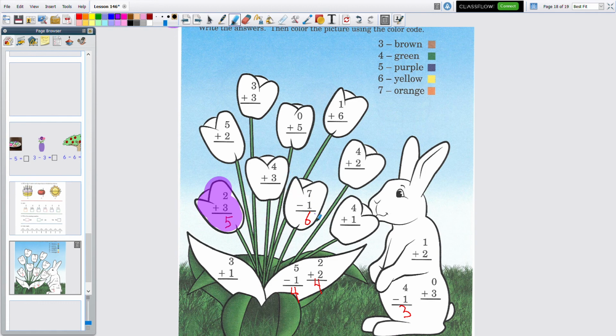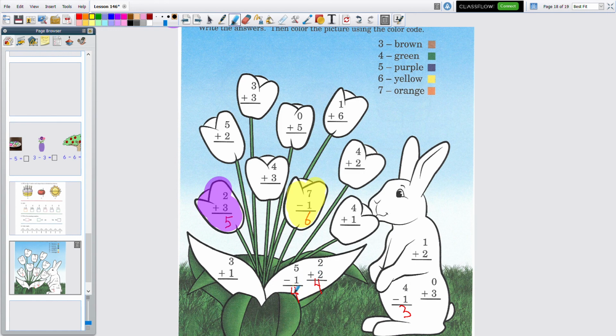Let's go over here to the one we answered here. What number is that? That is a 6. So what color is that going to be? Yellow, sunshiny yellow. So I'm going to color that one yellow. My yellow is kind of like not sunshiny. I hope yours is better than mine. Okay, let's go down. Just this part.